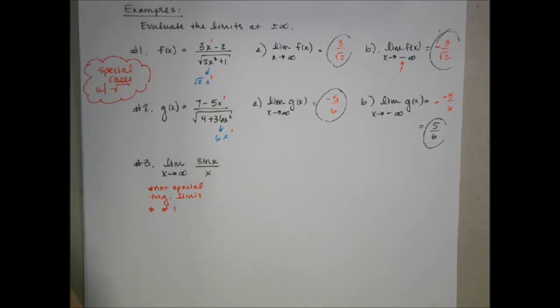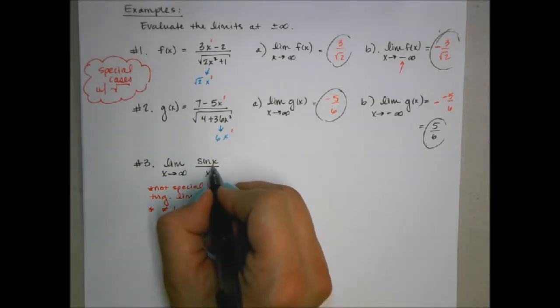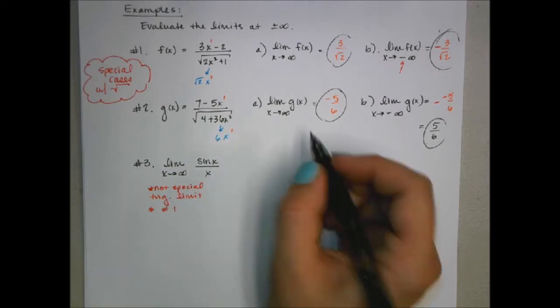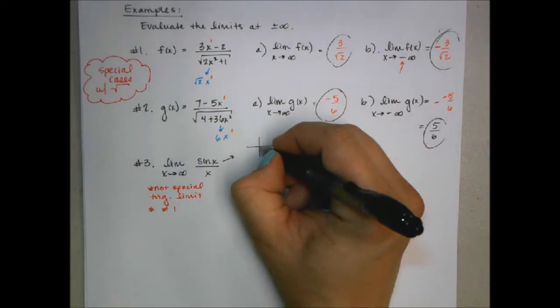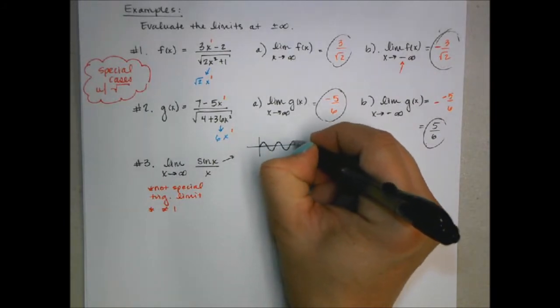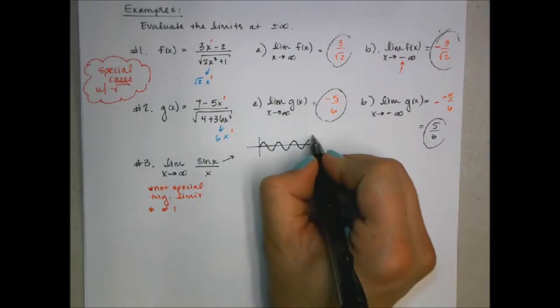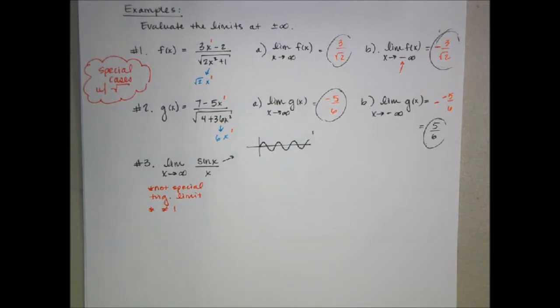So all we have to do is think here, what happens as x gets really, really large? On top, as sine of a number gets really, really big, well, think of a sine graph. A sine graph as x gets really, really big just keeps going. And the best I could do is say 1, maybe negative 1.